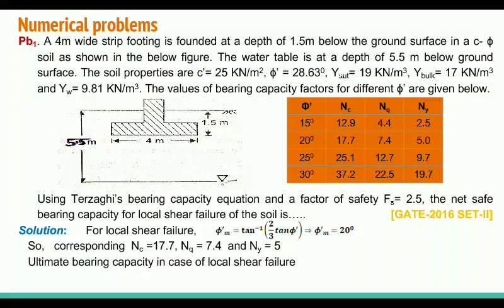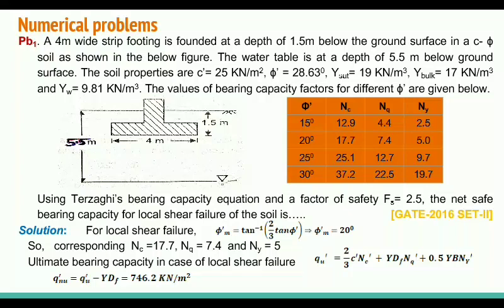So the ultimate bearing capacity in case of local shear we can calculate using the Terzaghi equation mentioned here. We have the values c', Nc', Nq' and N gamma' for the local shear failure for the value of phi'm. So now we can calculate the net ultimate bearing capacity using this formula.